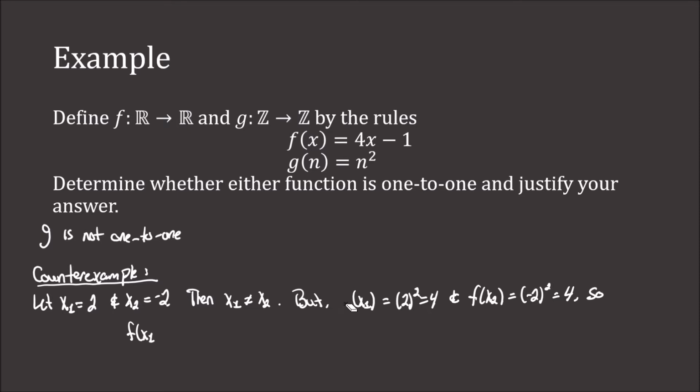I actually should have been using g's, not f's. So g of x1 does equal g of x2, which means that g is not one-to-one.